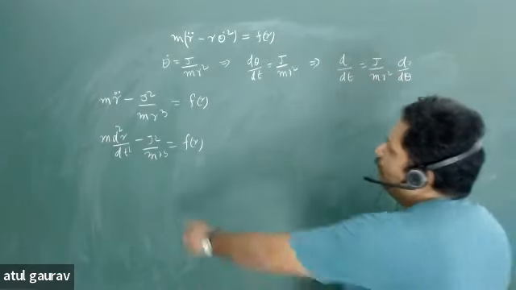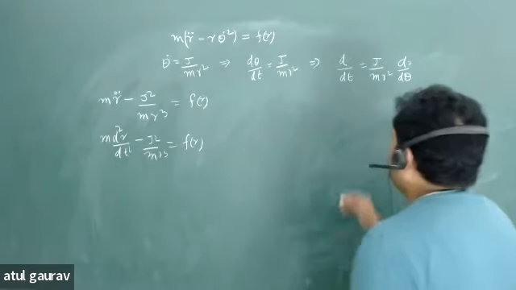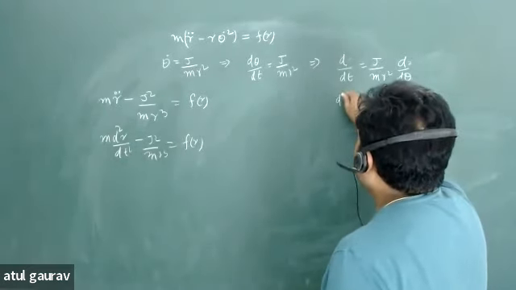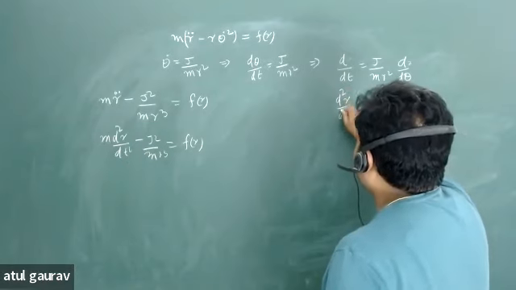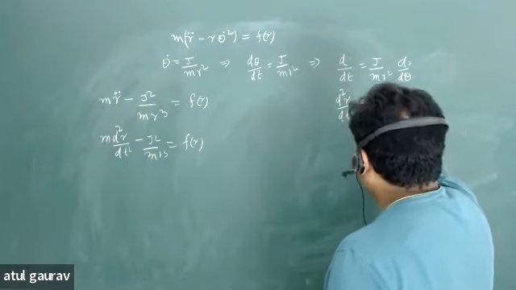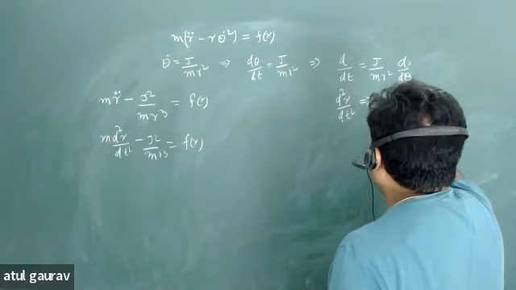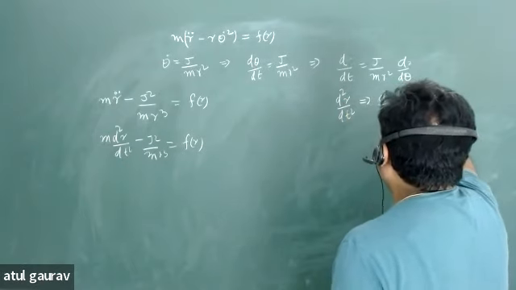Now we have to find d square r upon dt square. So what is this particular value? d square r upon dt square can be written as d upon dt of dr upon dt.